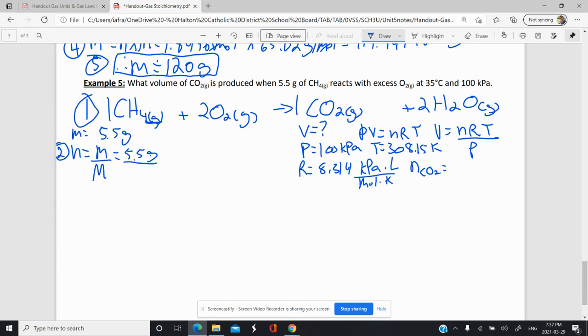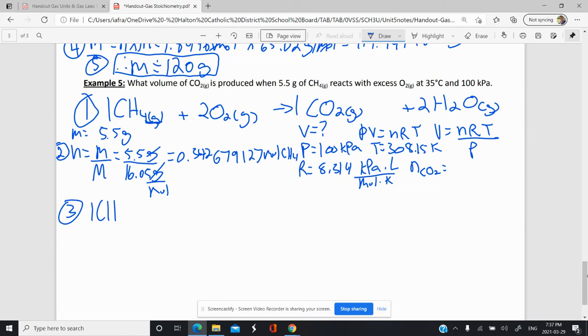That's 4 times 1.01 plus 12.01 for carbon, which is 16.05 grams per mole. We can cross out grams, and we get 5.5 divided by 16.05, and we get 0.3426799127 moles of CH4.